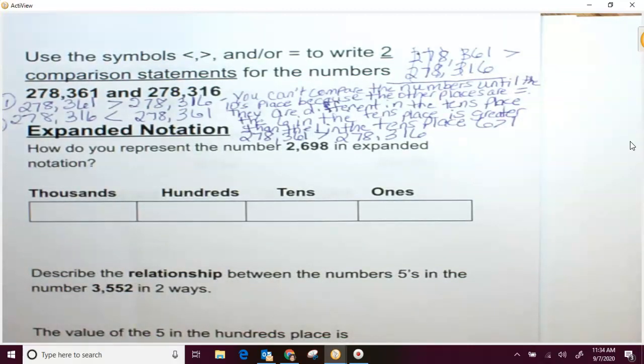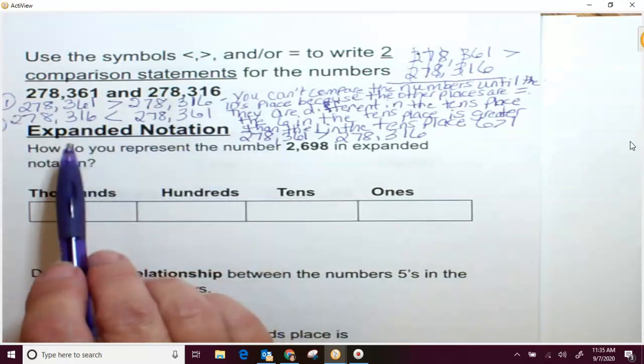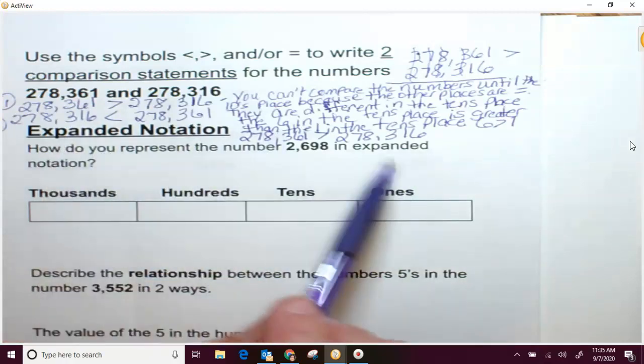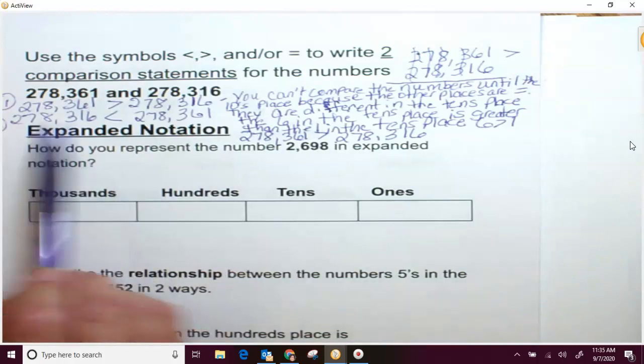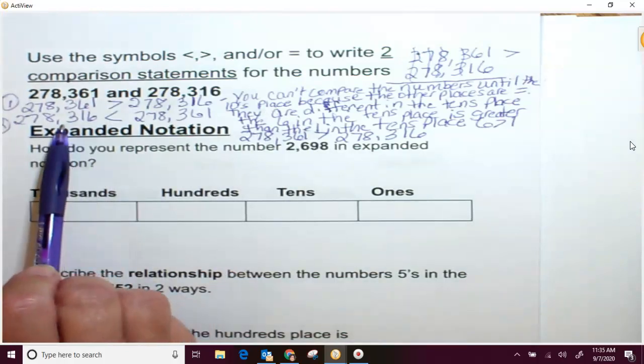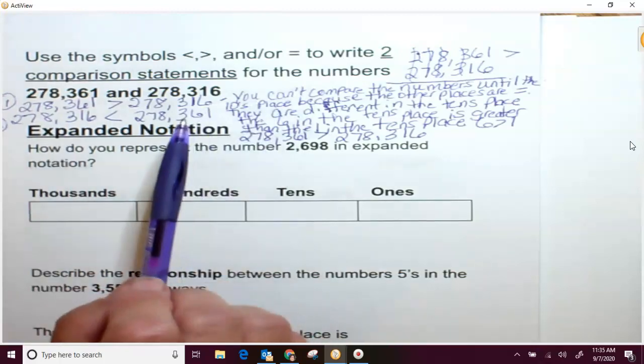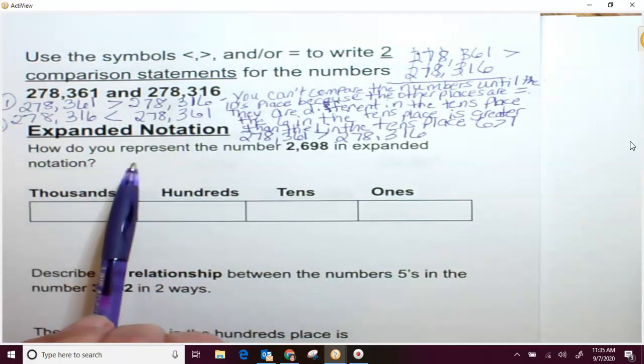My answers are already in a nice form for you to study. But you must do this first, please. Okay. So the other way of explaining it, doing the less than, is that you can't compare the numbers until the tens place, same as before, but they are different in the tens place.